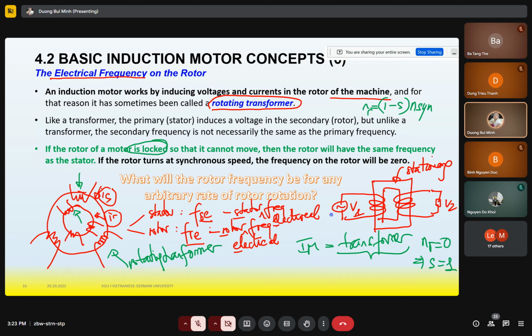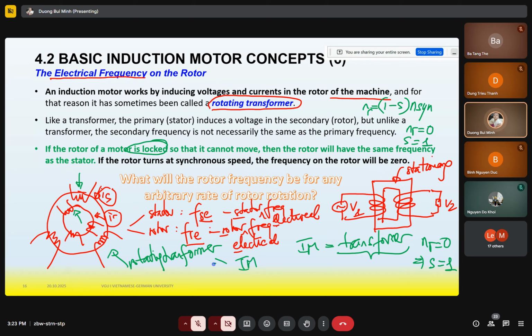If the rotor doesn't rotate, n_r is 0 and s is 1.